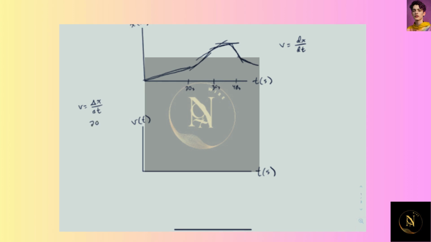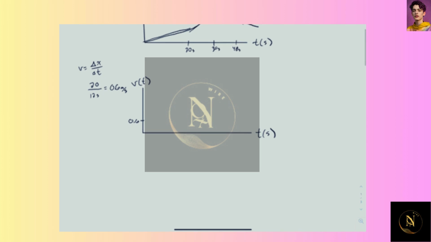It's going to be 20 meters versus, how long does that take? Let's say about 12 seconds. And so that's going to give us 0.6 meters per second. So I'll say here at 0.6, for the first 20 seconds, our velocity is a constant.